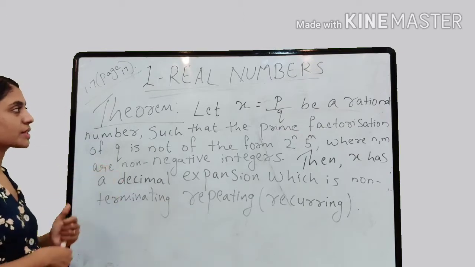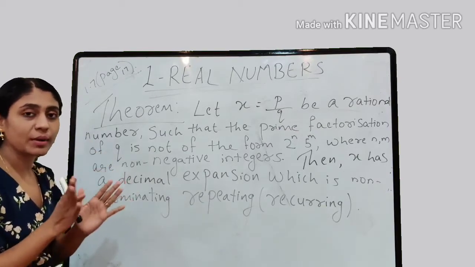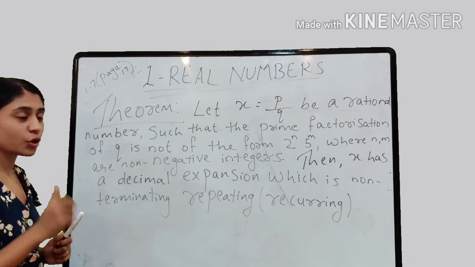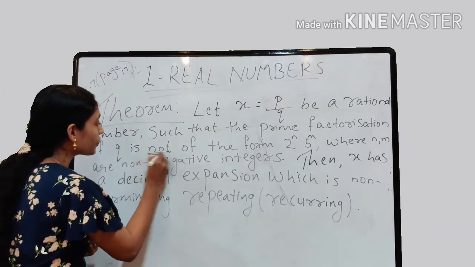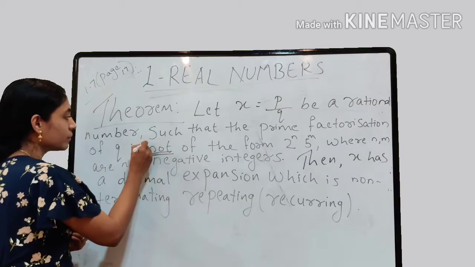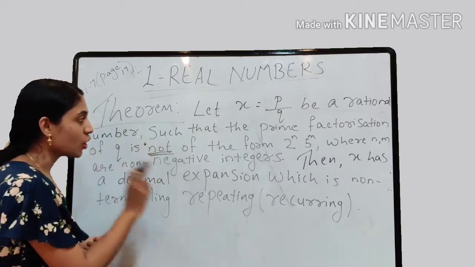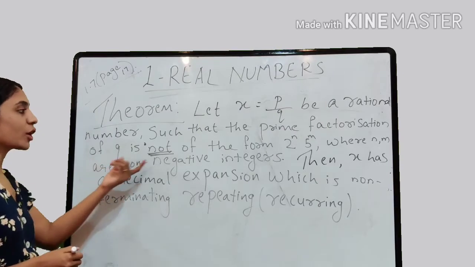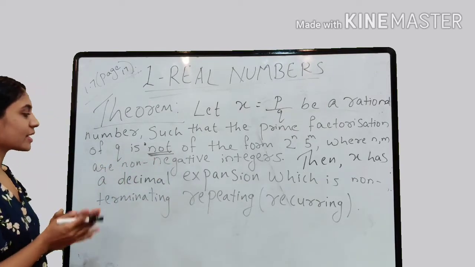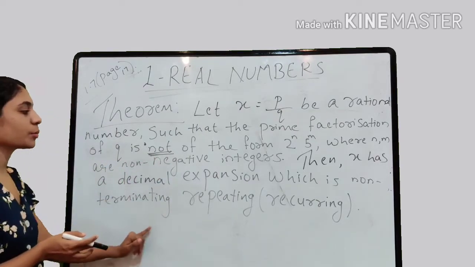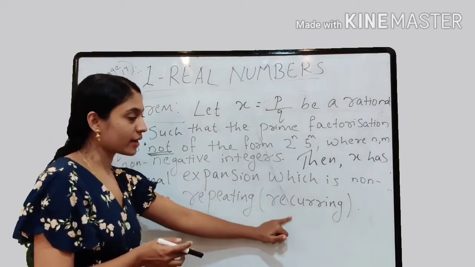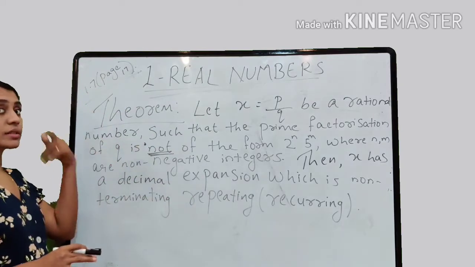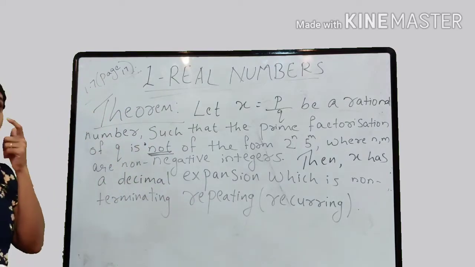So what the theorem says, let x is equal to p by q be a rational number such that the prime factorization of q is not of the form, mark friends, not of the form 2 raised to n into 5 raised to m, where n, m are non-negative integers. Then x has a decimal expansion which is non-terminating, repeating or recurring. Recurring means repeating.